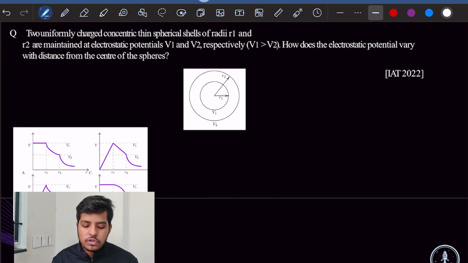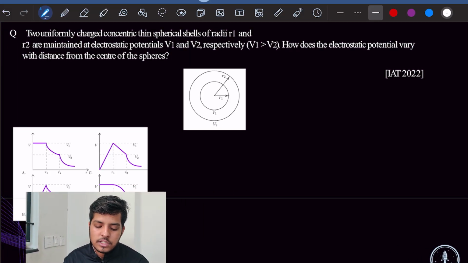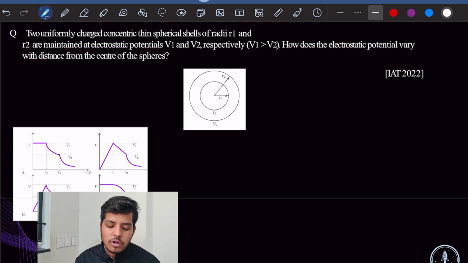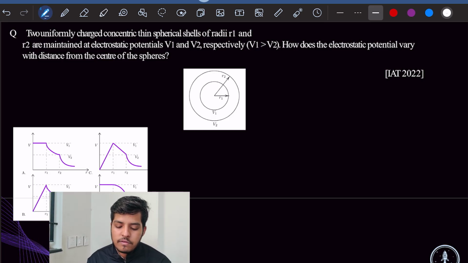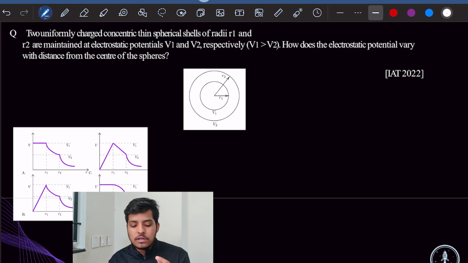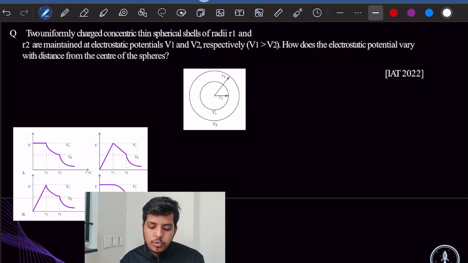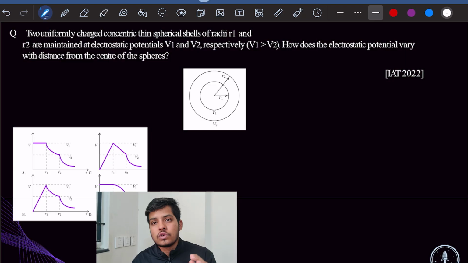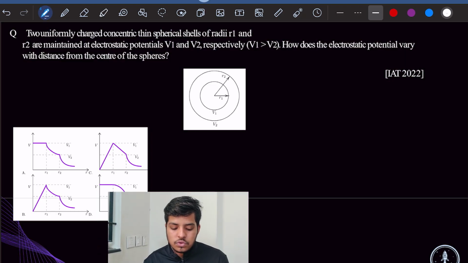It's an easy question. Two uniformly charged concentric thin spherical shells of radius R1 and R2 are maintained at electrostatic potentials V1 and V2. We know that in a conductor the potential is uniform, so it will not change, it will be constant.